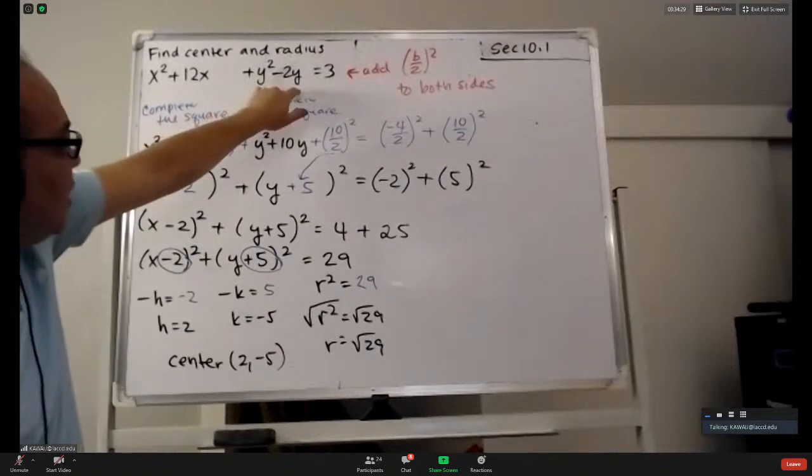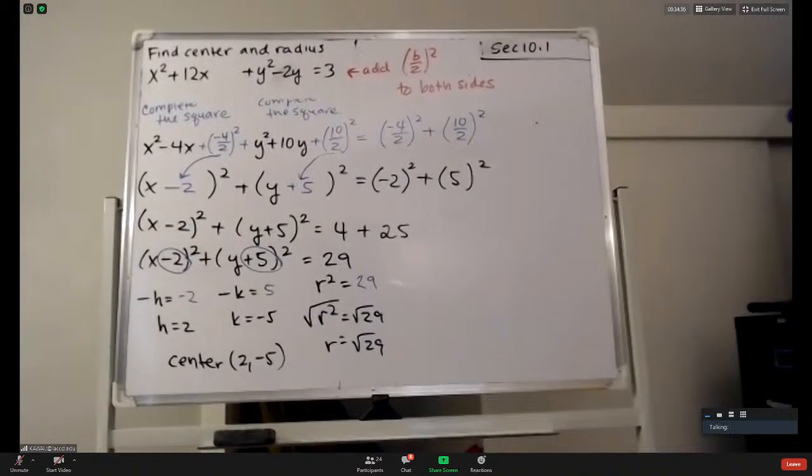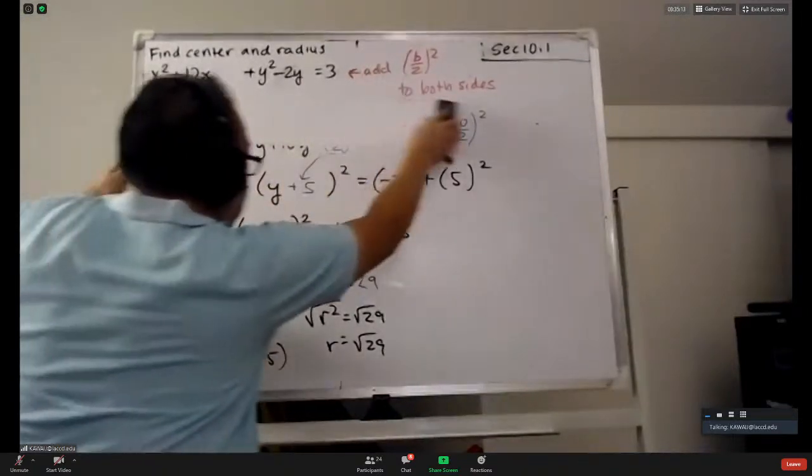So the thing I screwed up is that these two are y's and these two are x's. Okay. So complete the square of the x's and y's separately.